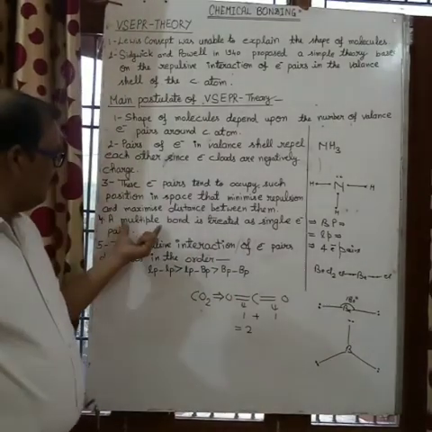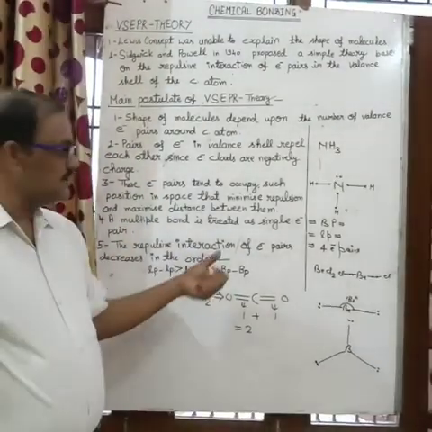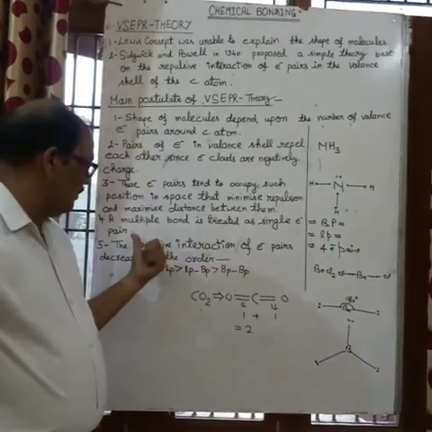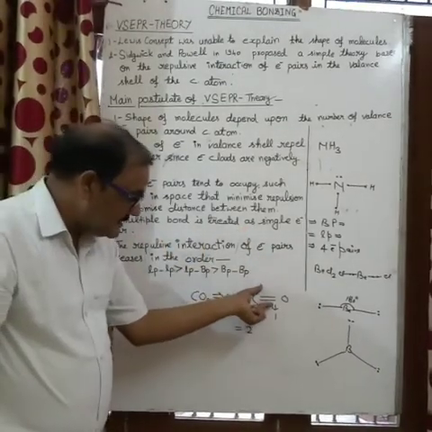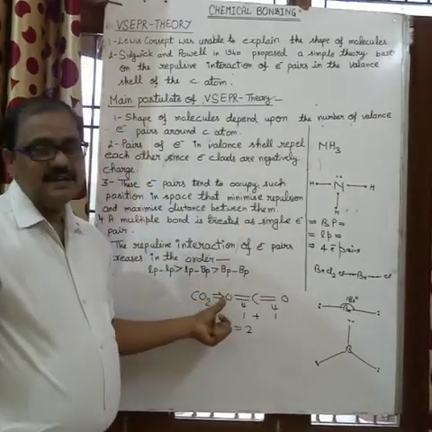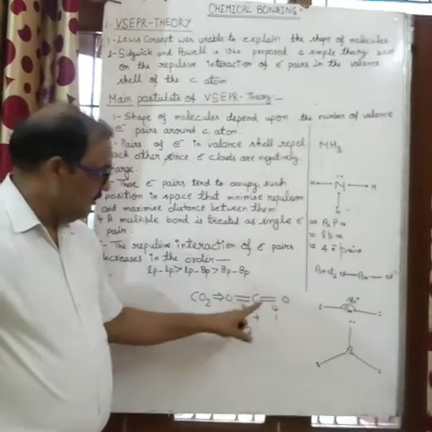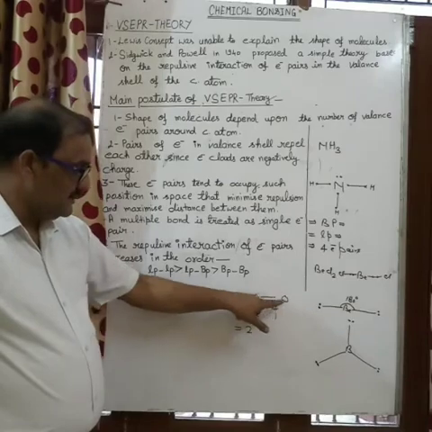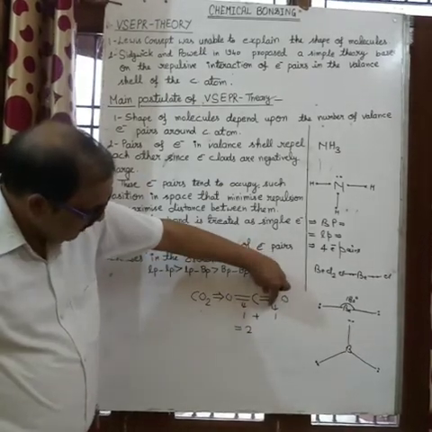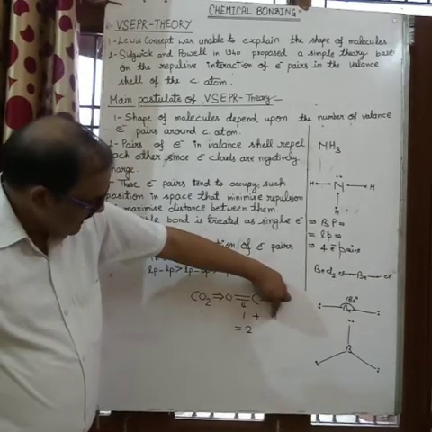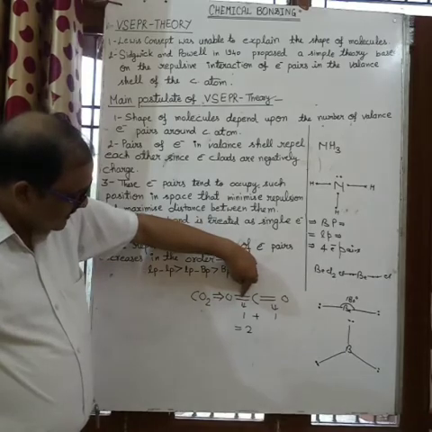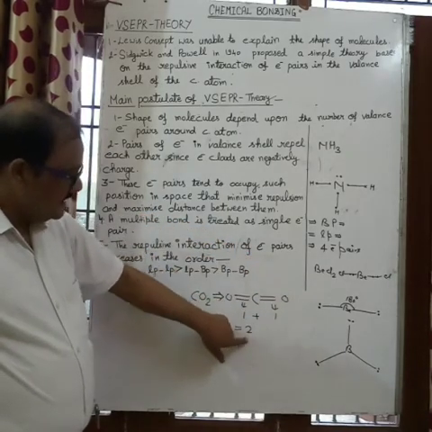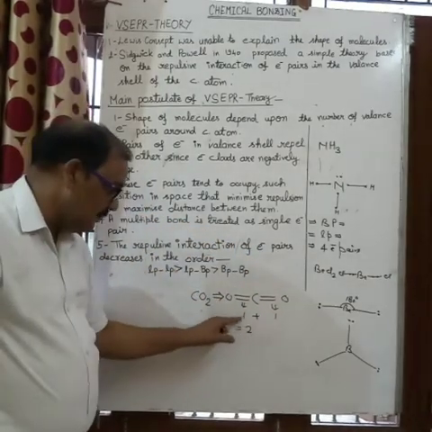So this is also an important point: a multiple bond is treated as a single electron pair, either a double bond or a triple bond. For example, in carbon dioxide, there is a double bond between C and O. This double bond is treated as a single electron pair, and the other is also treated as a single electron pair, and the total electron pairs is 2.